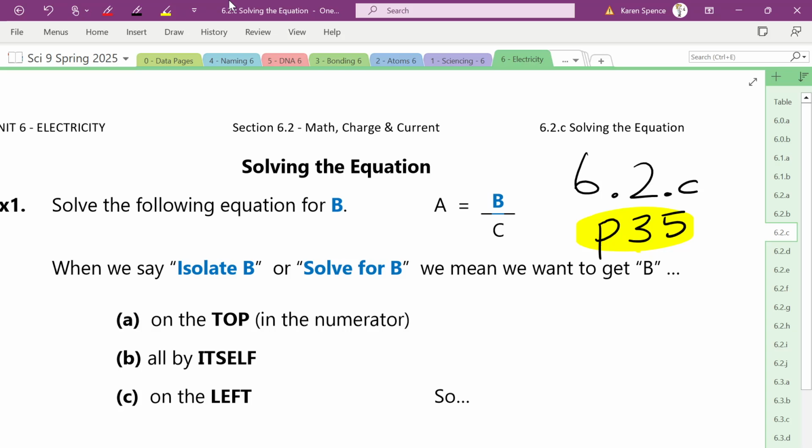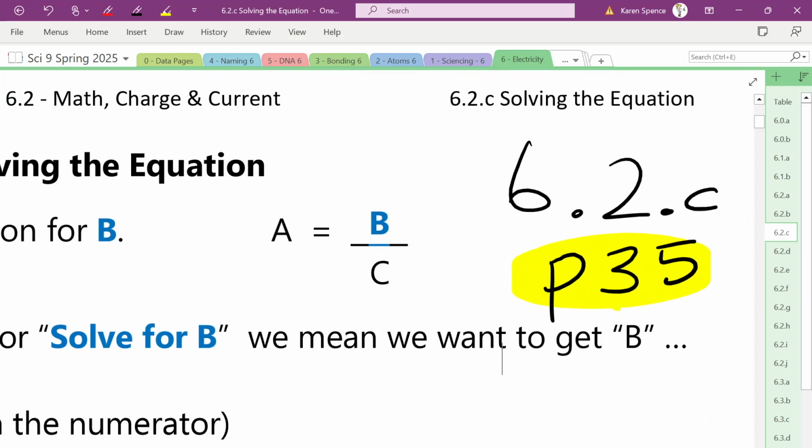So this is called solving the equation. We're only going to be dealing with 3 variables, and we're going to solve for one of those variables. And you'll notice that we only are going to do multiplication and division. There's no addition or subtraction. So this is like simple algebra.